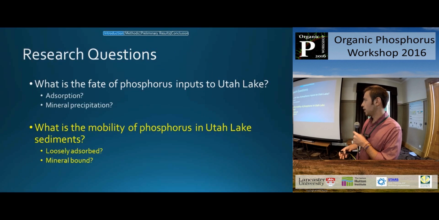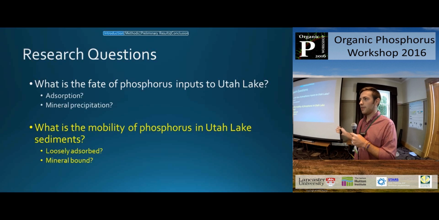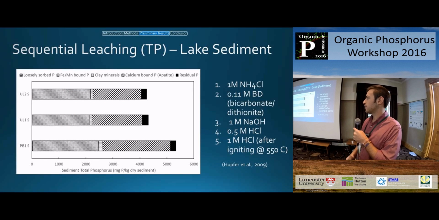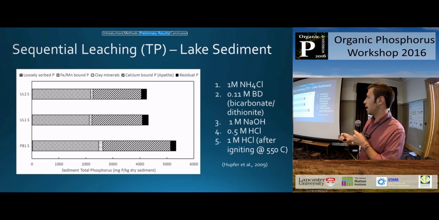Now moving on, we want to know more about the mobility of this phosphorus. Is it going to be available to phytoplankton as the wind comes by and resuspends a lot of this sediment? I've done some sequential leaching and extraction tests to find that most of the phosphorus is either bound up with iron manganese hydroxides or with apatite.